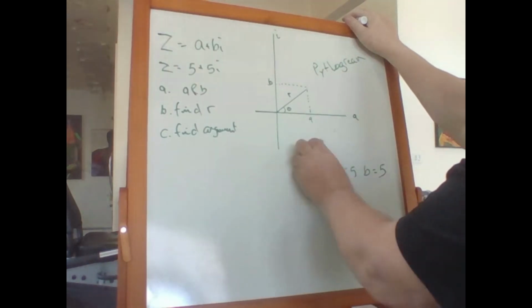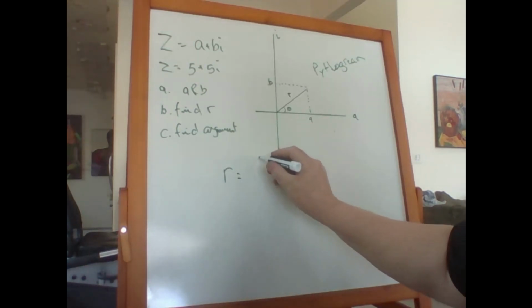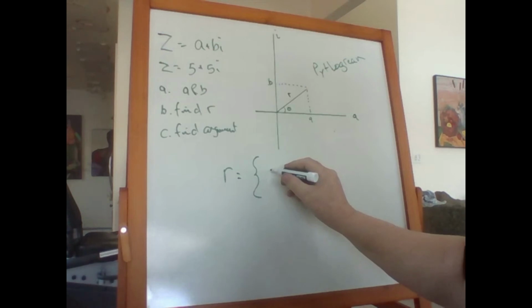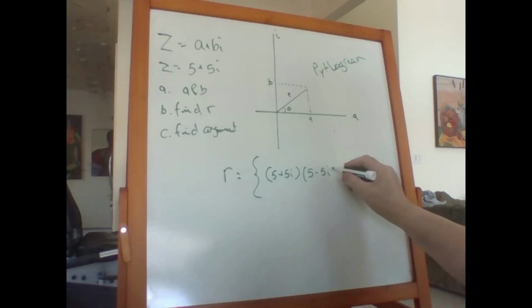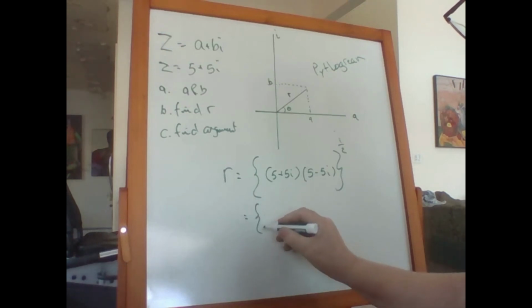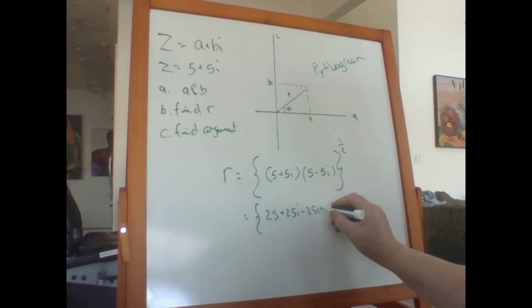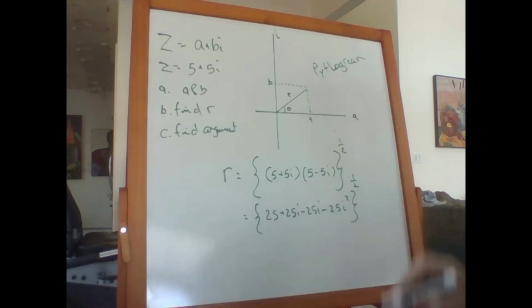Second question is, find the modulus, R. So we know that R is the square root of the multiplication of the conjugates. So we have 5 plus 5i times 5 minus 5i, to the 1/2 power. And that would be equal to 25 plus 25i minus 25i minus 25i squared, all under the square root.